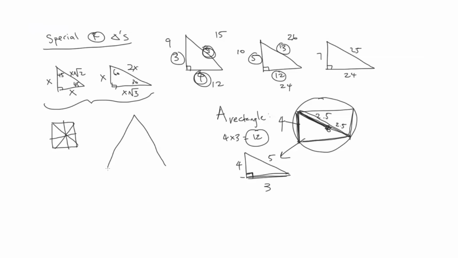For an equilateral triangle, we can cut that in half to make two 30, 60, 90 triangles, or we could cut that up further as well, and we get 6 of them. So we have 6 of those identical 30, 60, 90 right triangles.